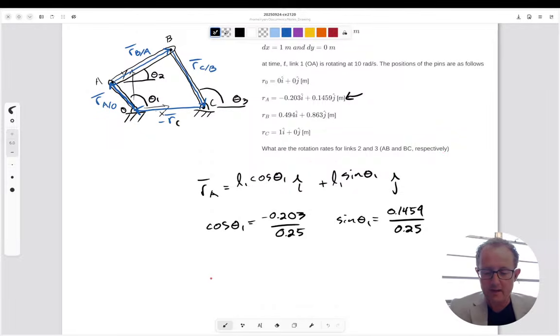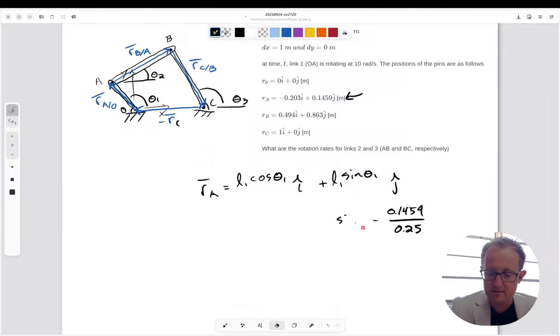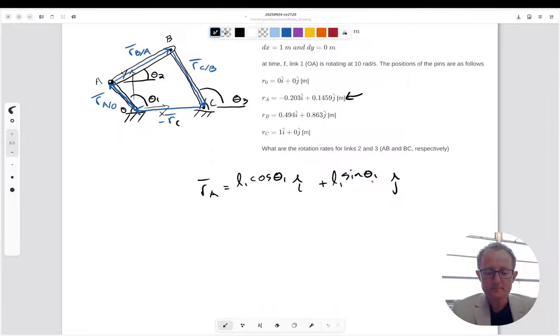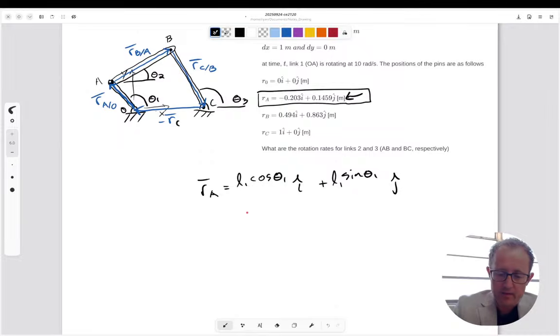So if I'm looking at this, let's get rid of these and go back to this idea. I know this position A is given as L1 cosine theta 1 and L1 sine theta 1. And that's describing this RA term, which is given right here. So I already know exactly what the values are for L1 cosine theta 1 and L1 sine theta 1.